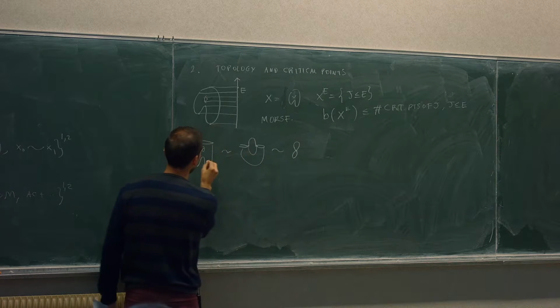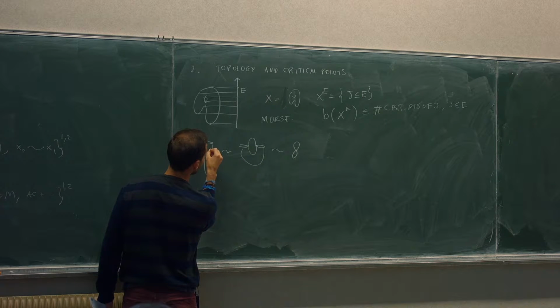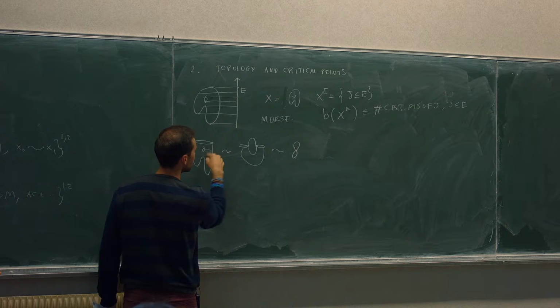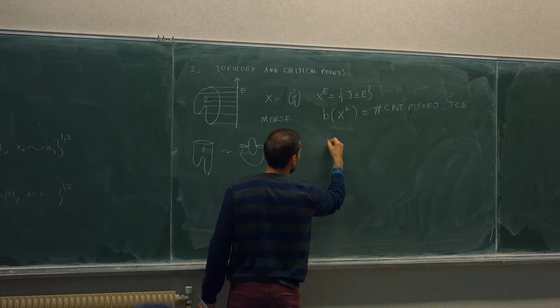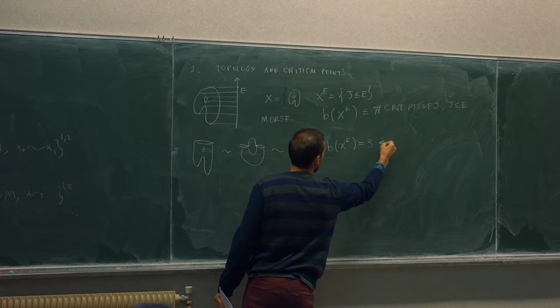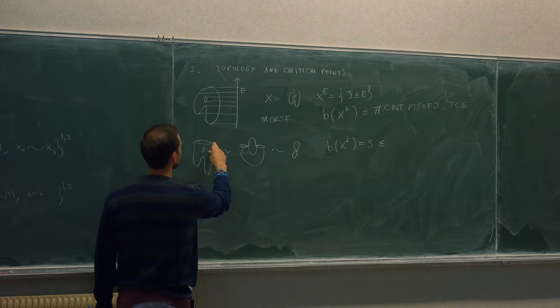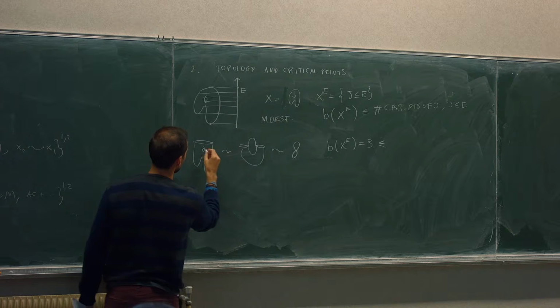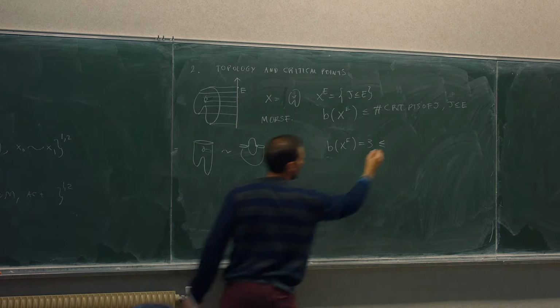So there are two loops. One loop is here, and one loop is here, which are non-contractible. And then there is one component. So the total amount of topology here, this number I denoted, is 3, which of course is smaller than the number of critical points at level smaller than E, because there is 1, 2, 3, 4, 5.